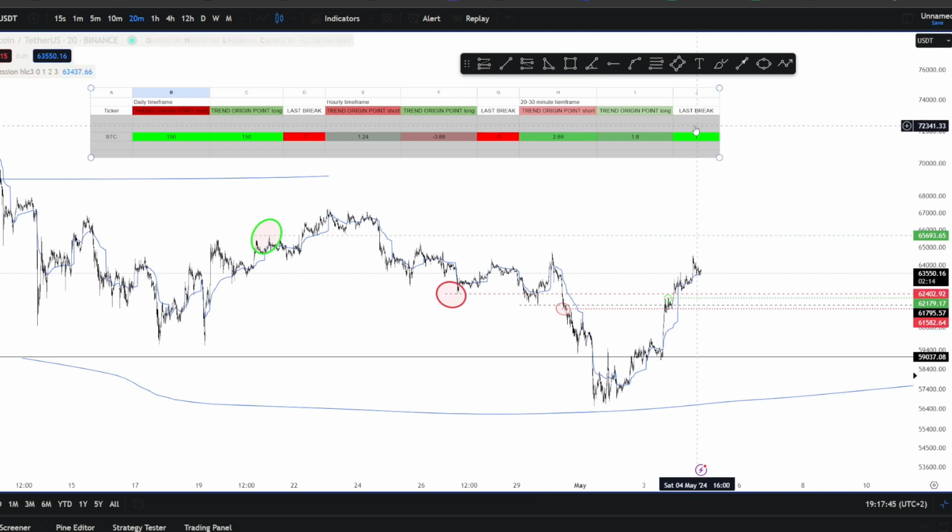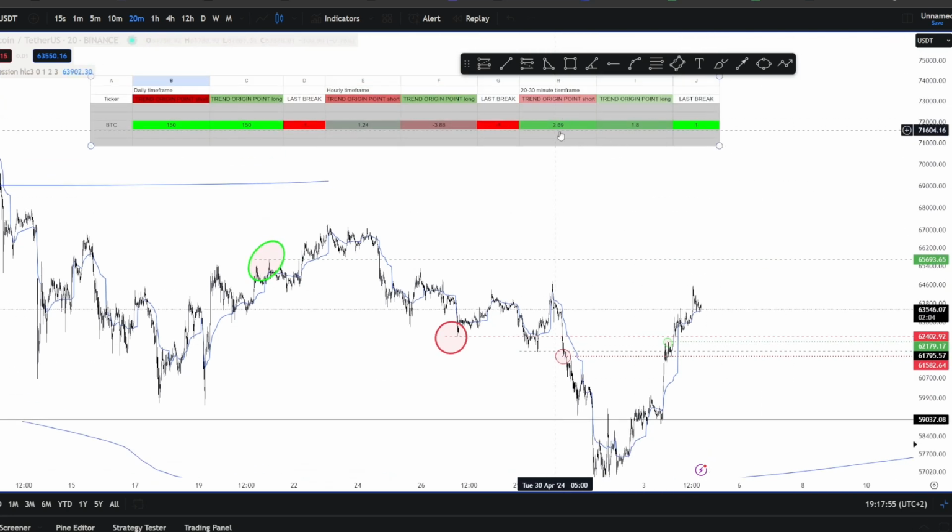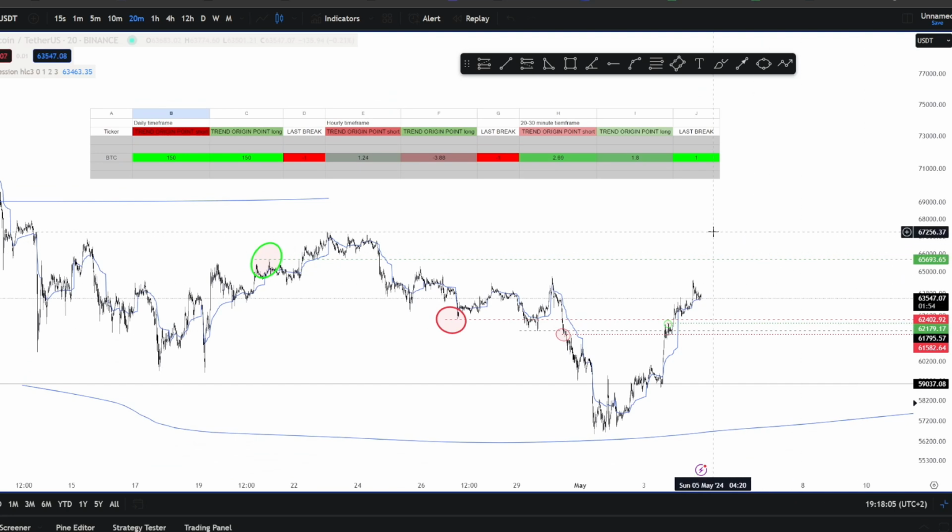So this would have lit green. Then at this point right here, this would have become gray. At this point right here, this would have become gray. And at this point where we are now, we see that the smaller time frame has turned green.